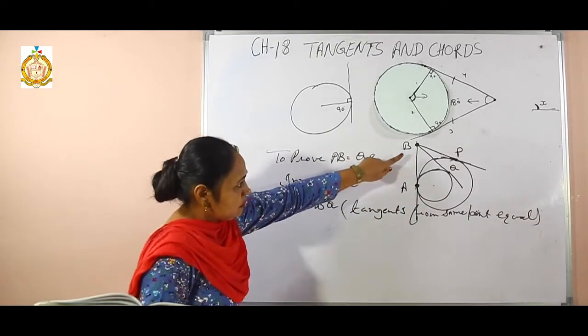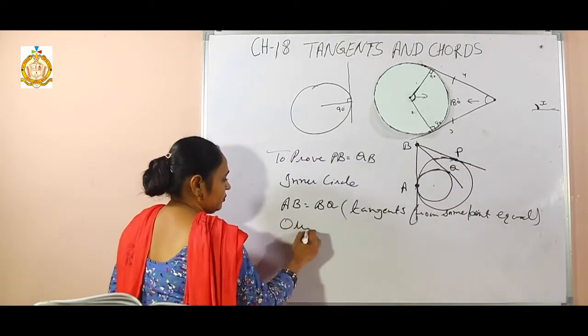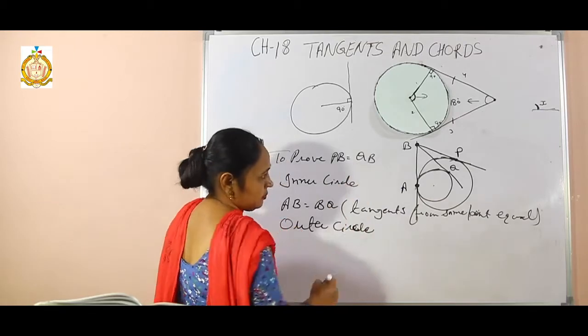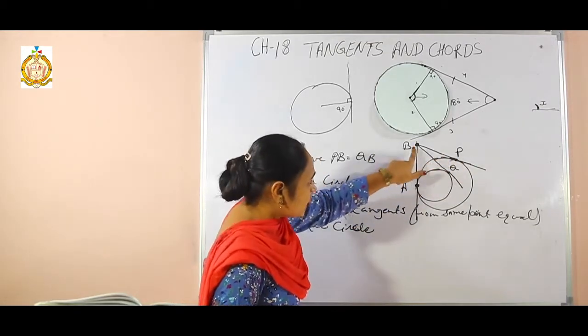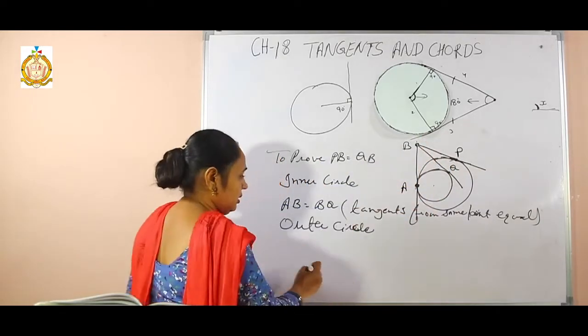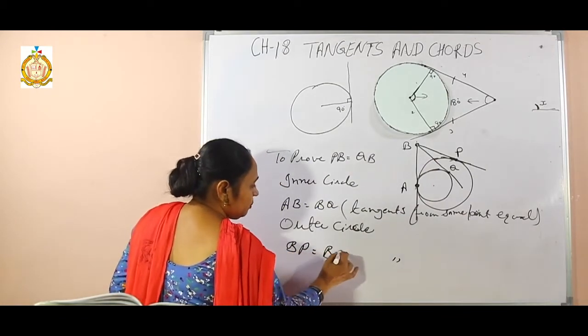Then come to the outer circle. Again AB will be equal to BP, because these two are tangents from the same point to the outer circle. Same reason. BP will be equal to BA.